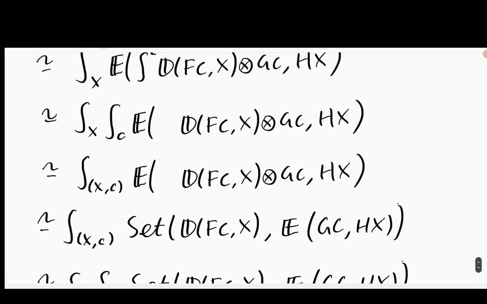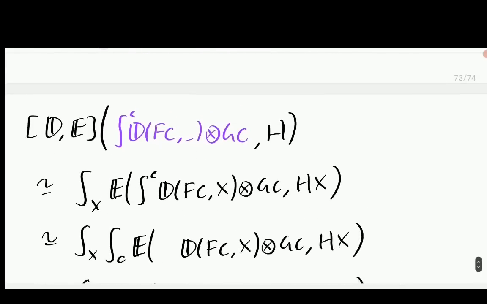So let's do this. We'll begin with this formula here. Now, this is a set of natural transformations from this functor to this functor, so we can write it as an end, like this. This is just expressing natural transformations as ends.